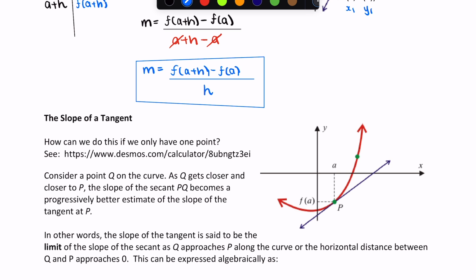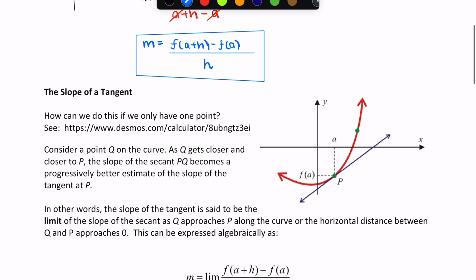And this can be expressed algebraically as m is equal to the limit as h approaches 0 of f of a plus h minus f of a over h. And this is what we see as the slope of the tangent.